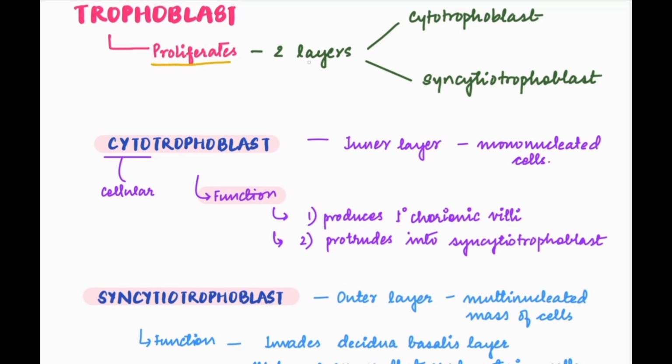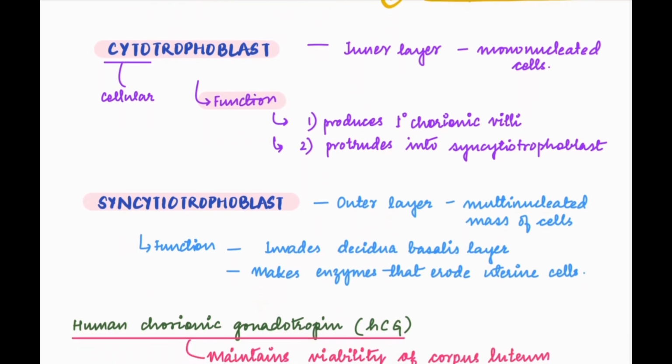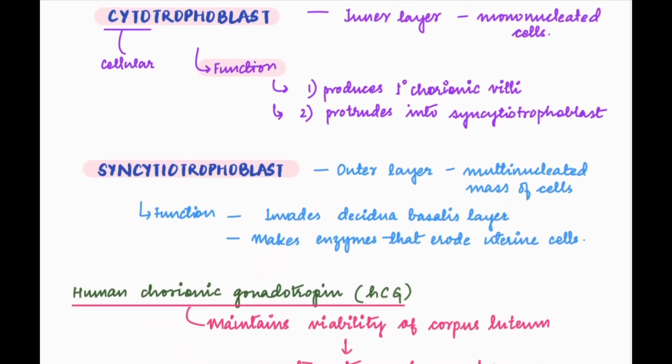Your trophoblast proliferates into two layers. One is the cytotrophoblast and the second is the syncytiotrophoblast. As you can see, cytotrophoblast is the cellular trophoblast that forms the placenta.